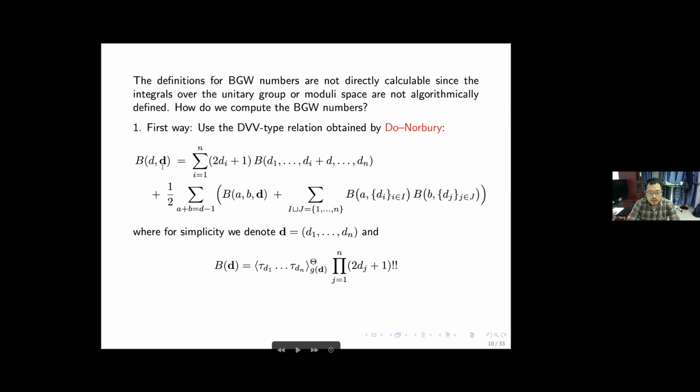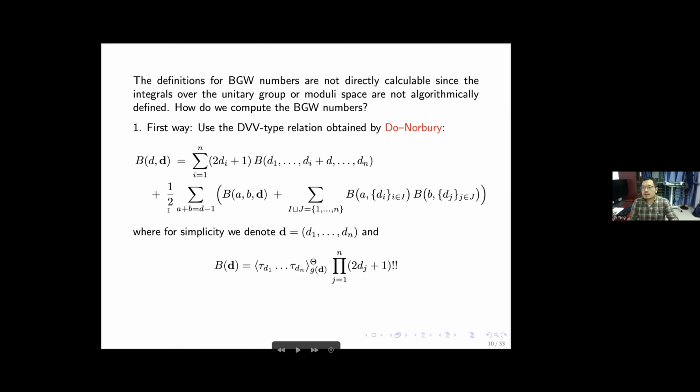If you consider the sum of the d_i, you can see the right-hand side has a smaller sum, so it is indeed a recursion.